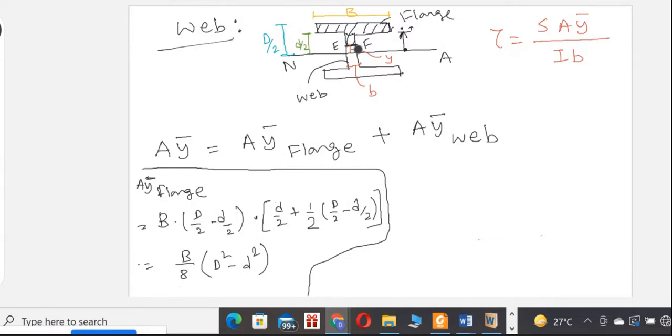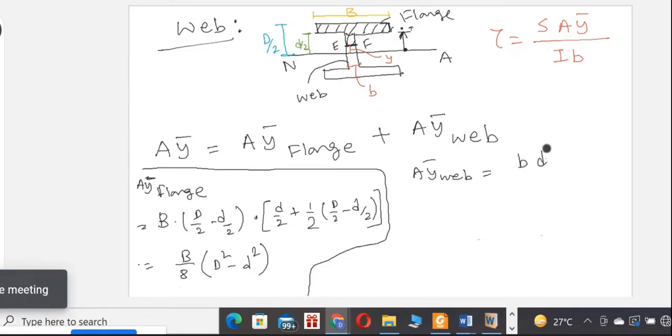Sir, b d square by 8. Just one minute. A y bar for the web, you are telling how much? Sir, b d square divided by 8. Which b, small b or small d? b and small d.